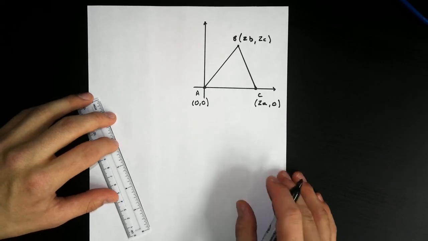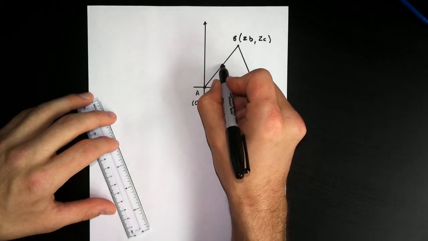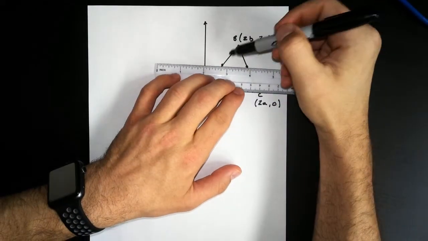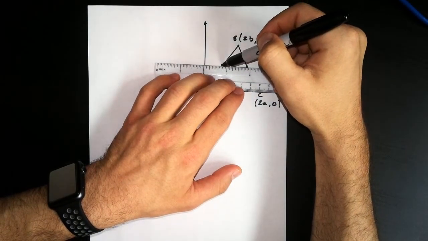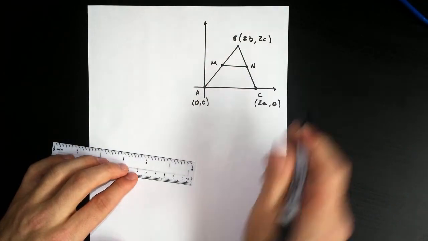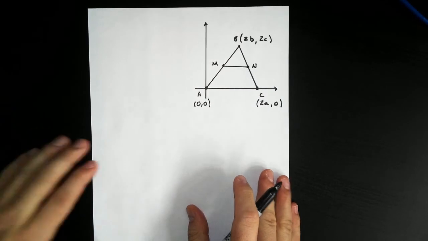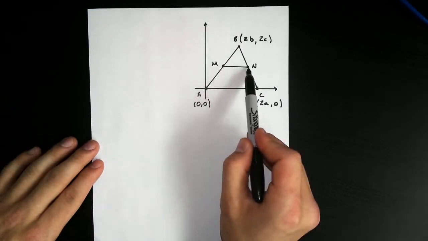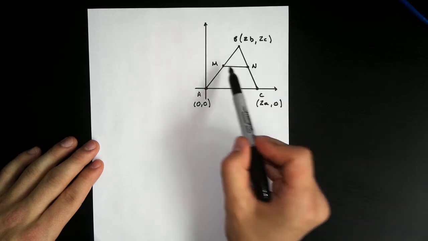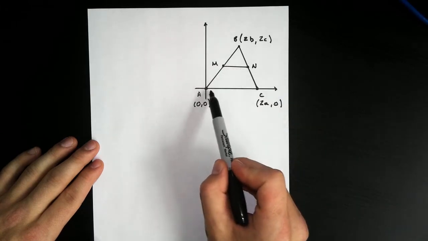The other thing we need is our 2 midpoints. So draw those in. And let's say that this is M and this is N. So again, we want to show that MN is parallel to AC, and we want to show that that length is half as big as this.